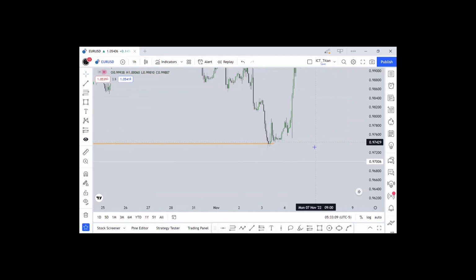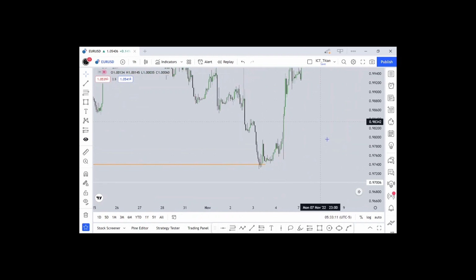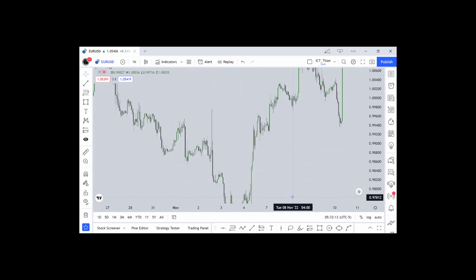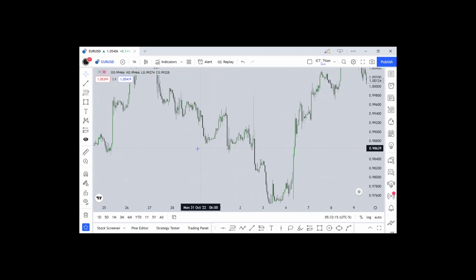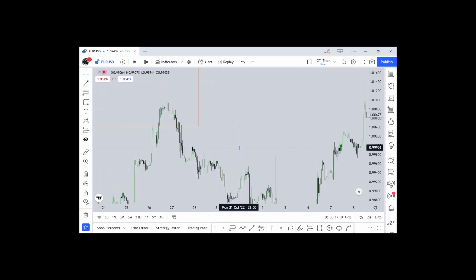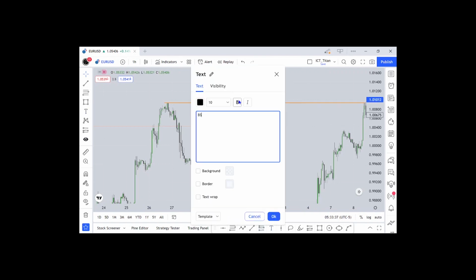Protecting the liquidity, the market rallied up, and at this point we expect the liquidity that was created above here to be taken out. That is our expectation. And this is buy side liquidity. Buy side liquidity.